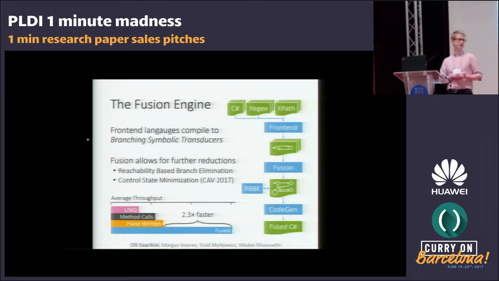We compile our front-end languages into branching symbolic transducers, and the fusion procedure we have developed for these uses an SMT solver for pruning, and it also exposes some additional opportunities for further reductions we have developed. After fusion, we generate efficient code, and the evaluations have shown large speedups over handwritten and traditionally fused code on a variety of benchmarks. So I hope to see you at my talk to get all the details on how we achieve these speedups.